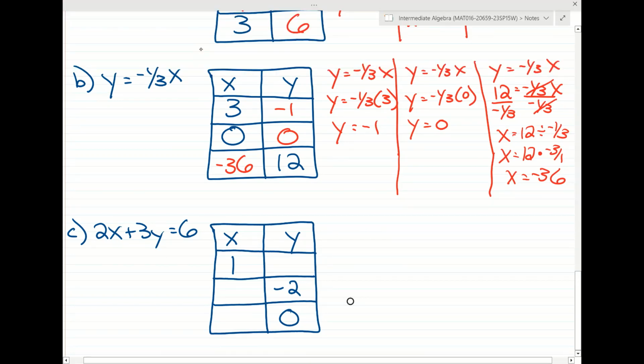So we'll do this much the same as the other ones. Let's write the equation, and then we'll plug in for what we have and solve for what we need.